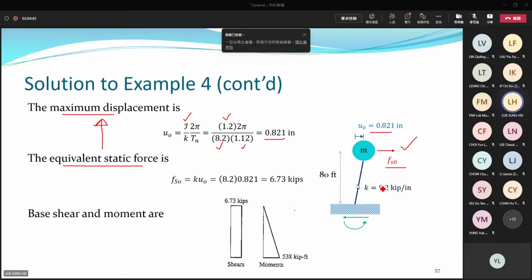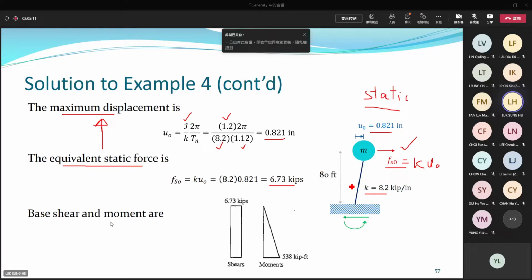Displacement, times stiffness give you force. At this stage, you may treat this structure as something like static. You freeze the structures at this time instant. The structure is now under one equivalent static force with value equal to 6.73 kilopascals at the roof level.